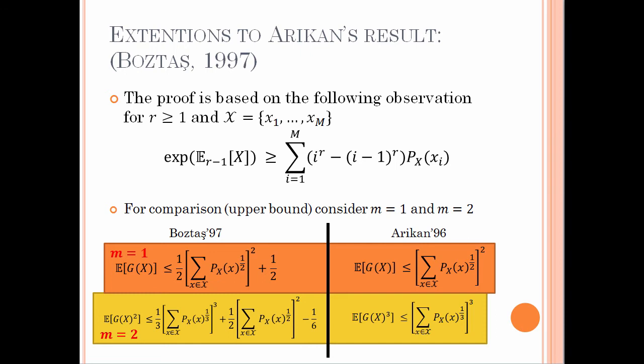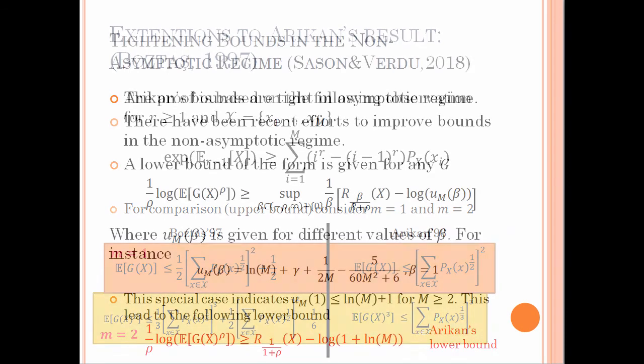And for comparison purposes, we provided those bounds for m equals 2 and m equals 3 at the end of the slide. As we shall see numerically later, the Boztaş results would be tighter in the non-asymptotic regime.